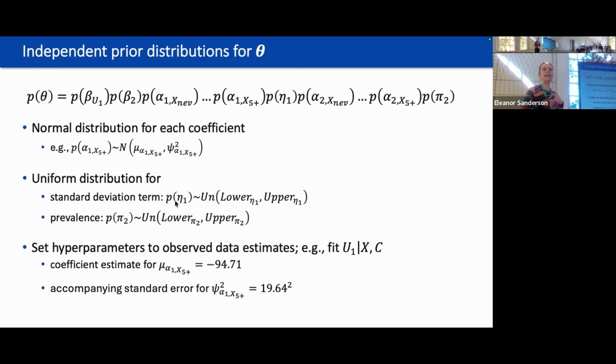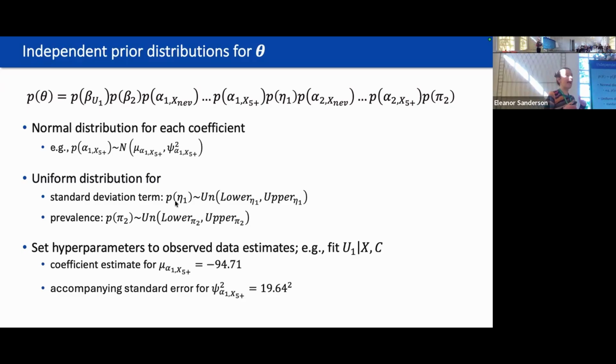Okay, so we need to specify a prior distribution for our bias parameters, and we do that assuming independent priors for each bias parameter. For the coefficients, we have a normal distribution, and for the standard deviation term and the prevalence term, we use a uniform distribution.